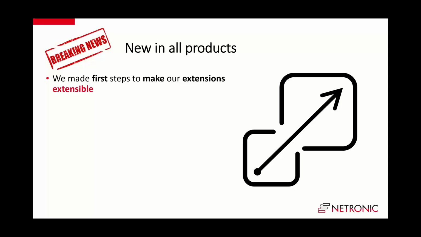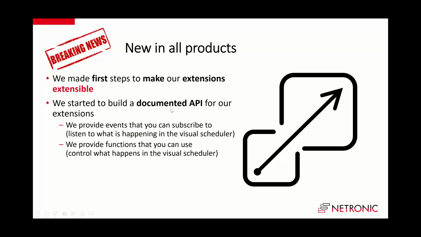However, we also will, under the hood, change these extensions in a way that they increasingly become tools or platforms on which you can build and where you can make enhancements to our extensions.